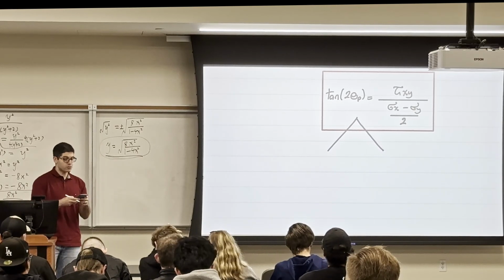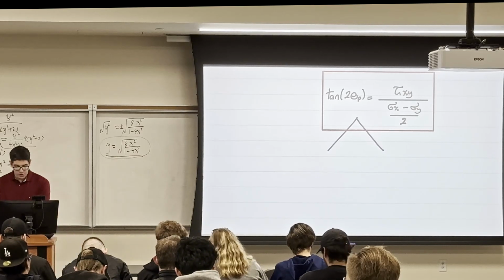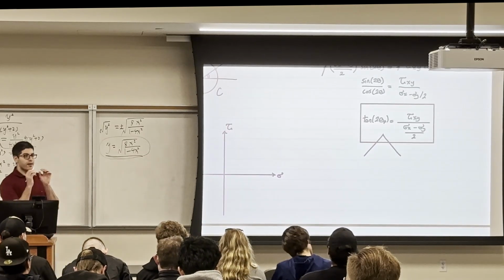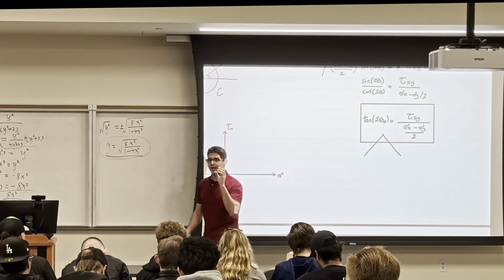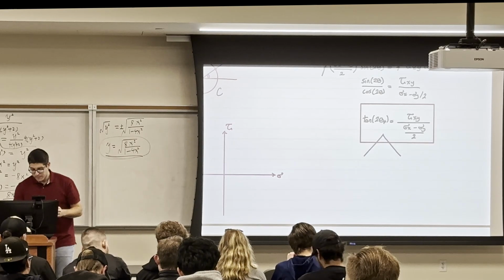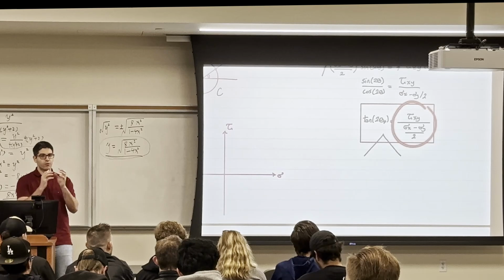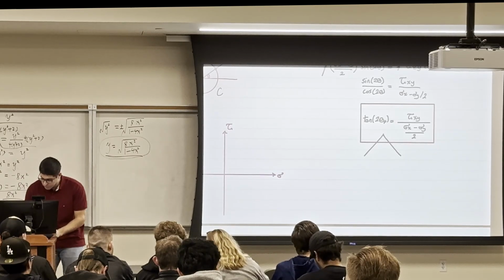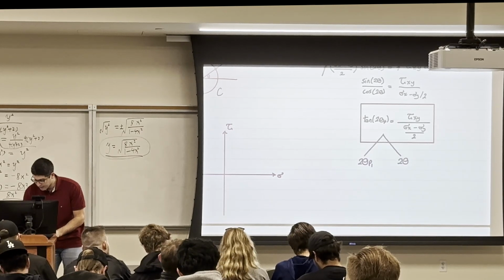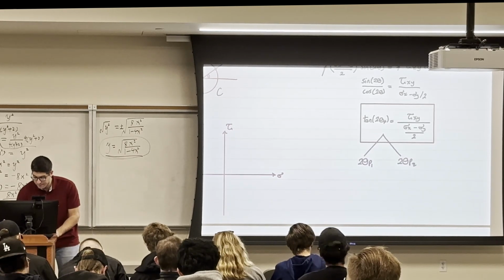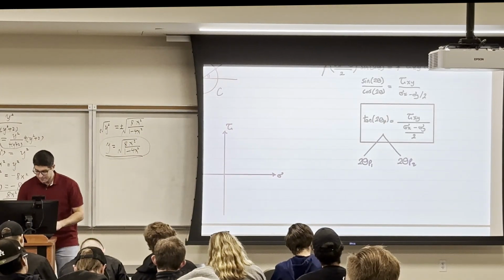But if you say tan of 45 plus 180, it's also going to equal 1, which tells you that for this answer I have two roots, which means I have two angles that will make this equation correct. I'm going to call these two angles 2 theta p1 and 2 theta p2, because I'm solving here for 2 theta. Okay?